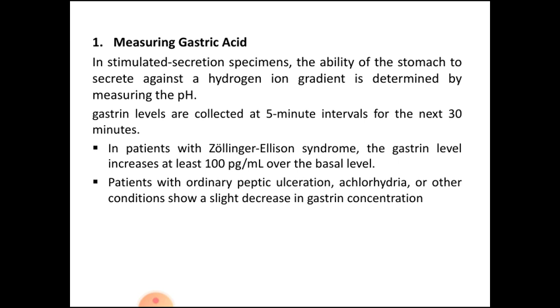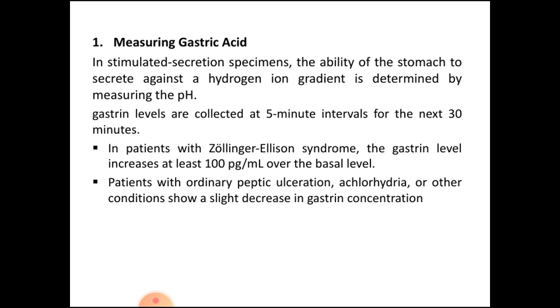Measuring gastric fluid in a stimulated secretion specimen, the ability of the stomach to secrete against a hydrogen ion gradient is determined by measuring the pH. Gastrin levels are collected at 5-minute intervals for the next 30 minutes.